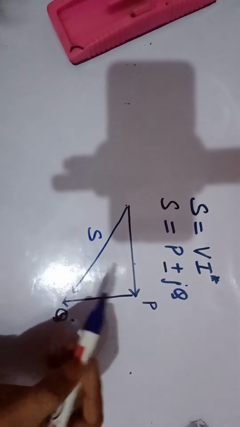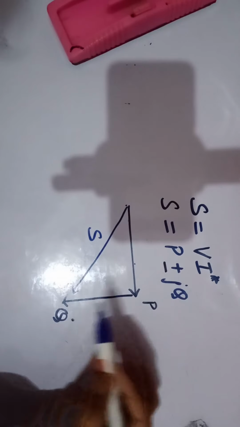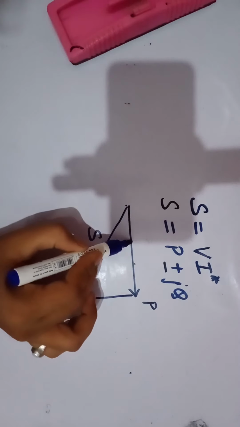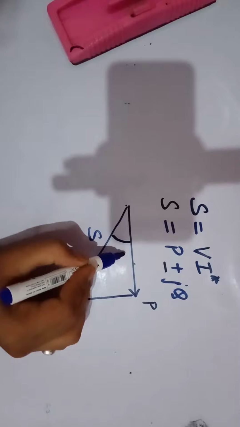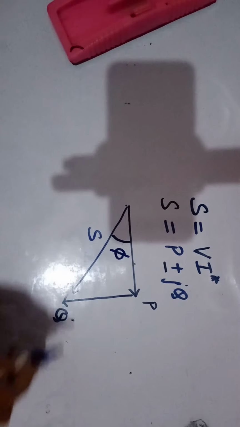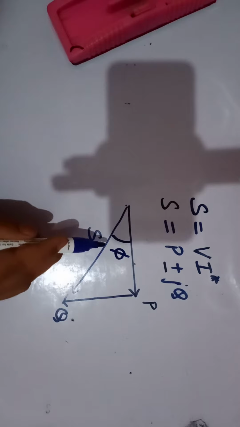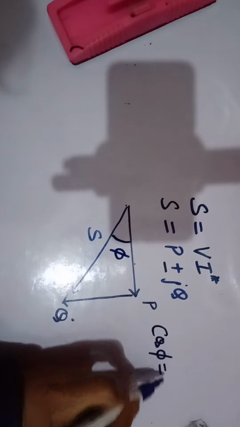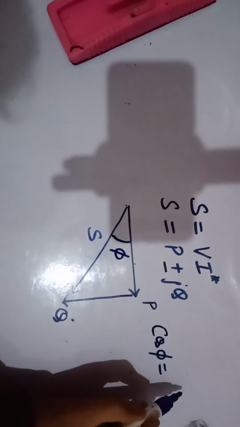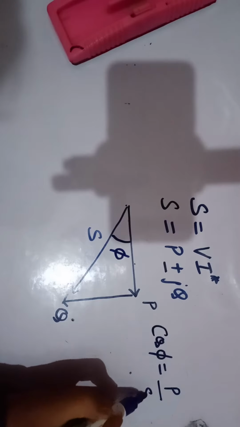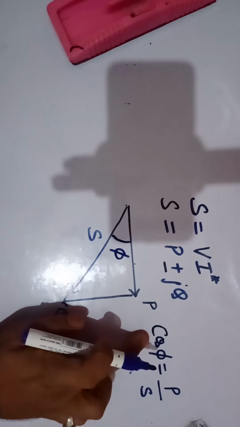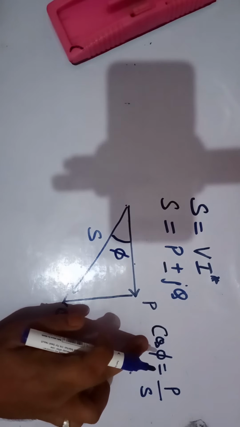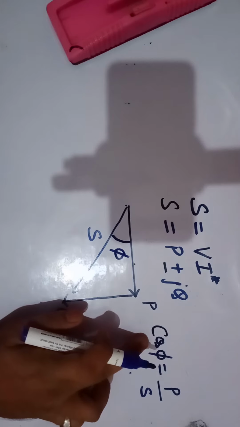If I take plus, it will be reversed to that side, the plus side. Obviously this angle will be considered as phi. If we now calculate this phi, cos phi equals P by S. This cos phi is nothing but your power factor, the same power factor which is the angle between voltage and current.